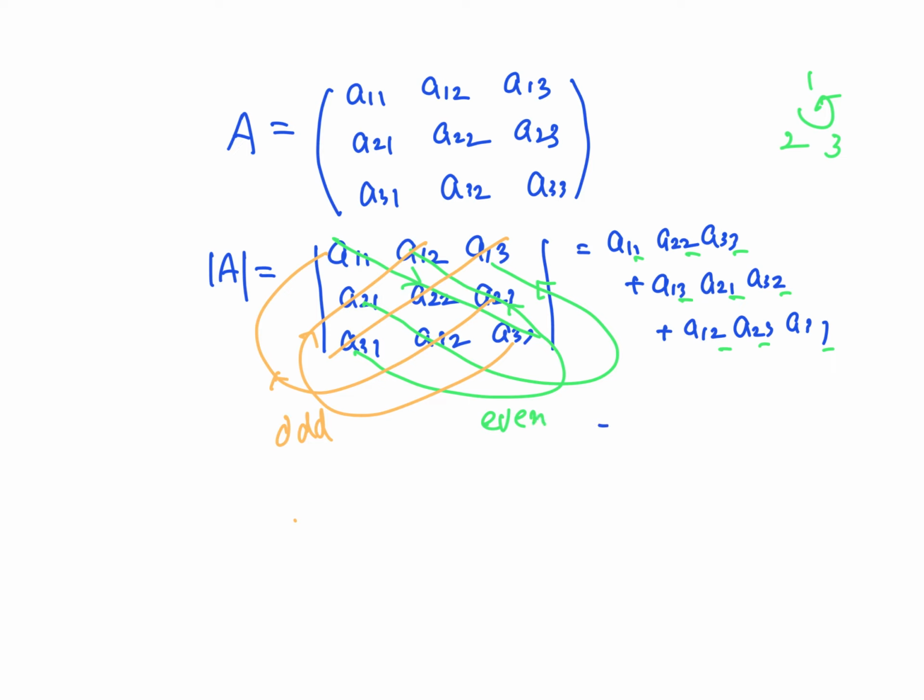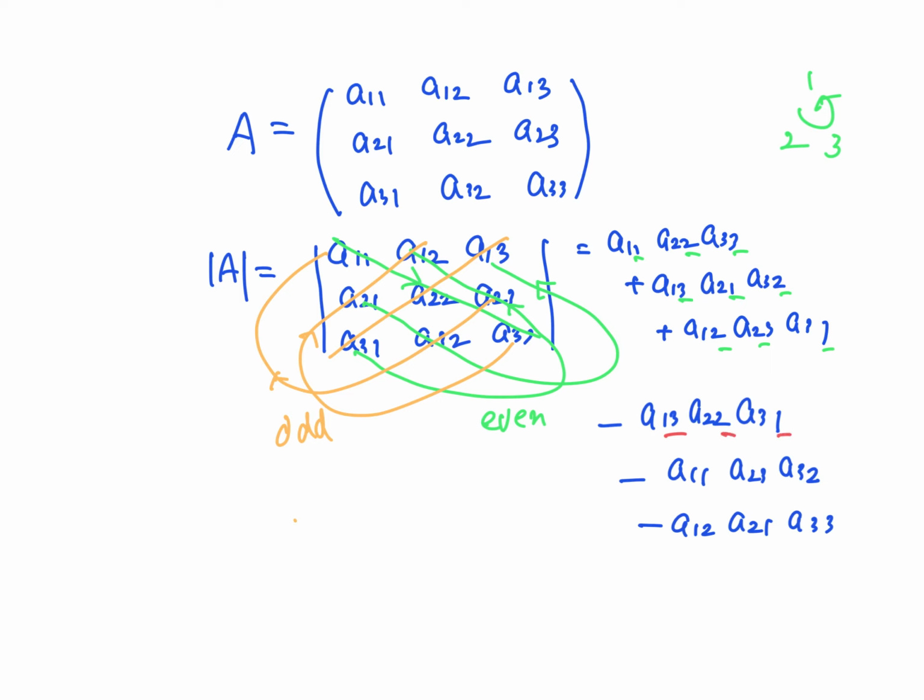So minus A13, A22, A31 minus A11, A23, A32 minus A12, A21, A33. So let's check. 3, 2, 1, right?